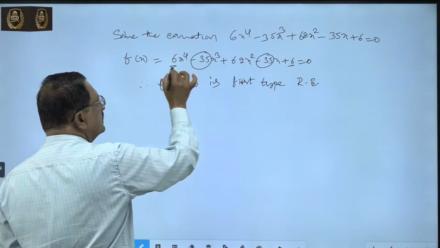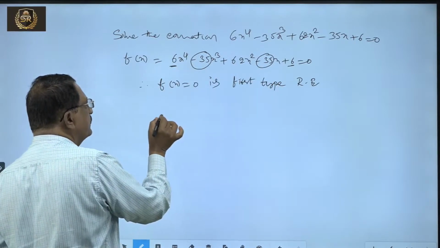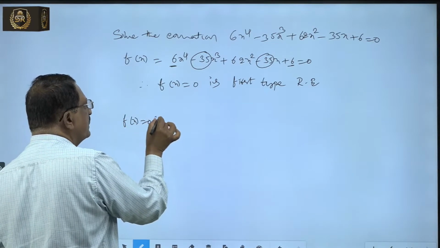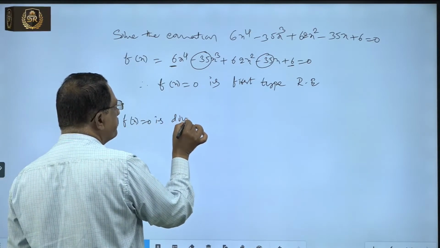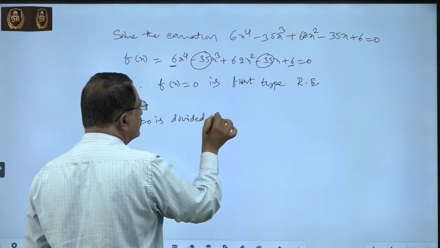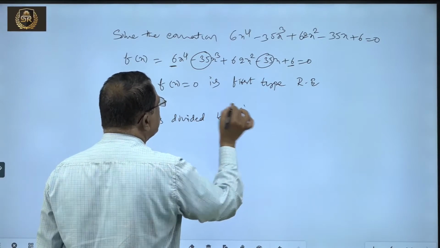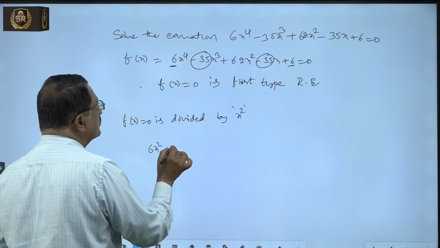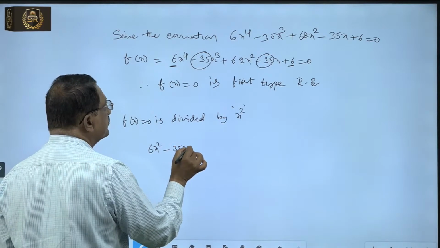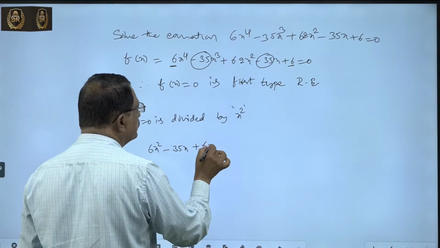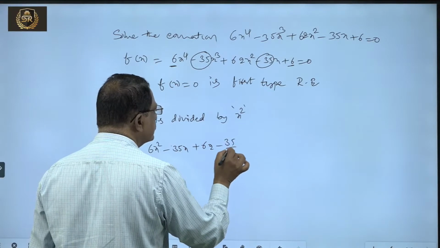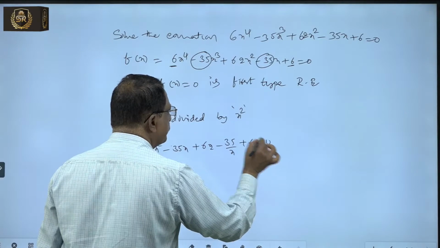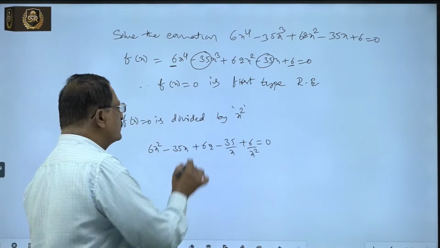Now, f of x equals 0 divided by x square, how much do you get? We get 6x square minus 35x plus 62 minus 35 by x plus 6 by x square equals 0. Now, we need the roots of this equation.